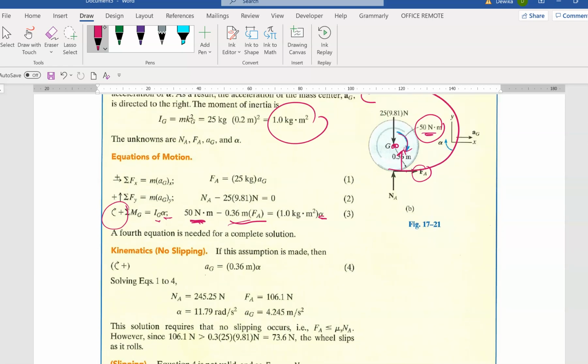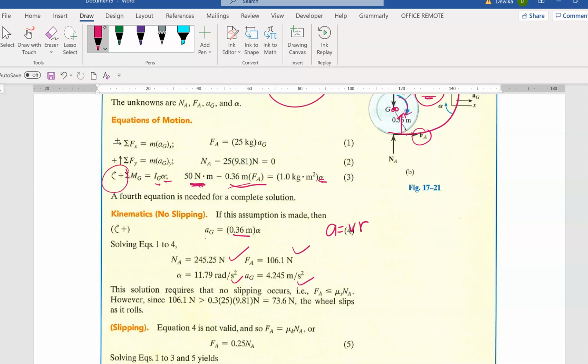If you look here, remember from the formula a equals alpha r. So a equals alpha r. You've got 4 equations to solve for 4 unknowns. Then you can solve for your NA, FA, alpha and aG.